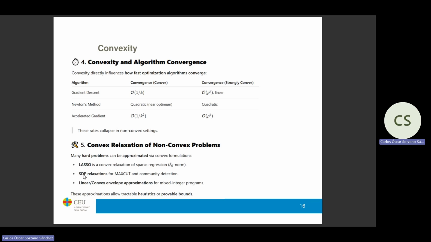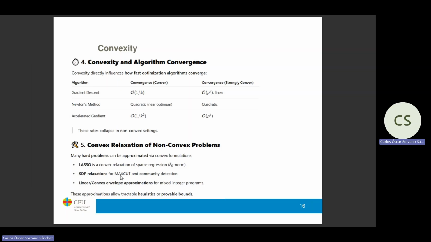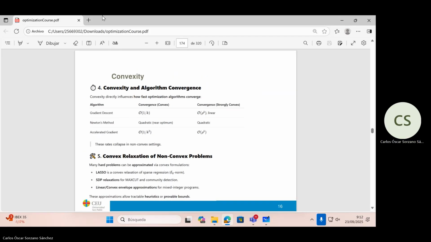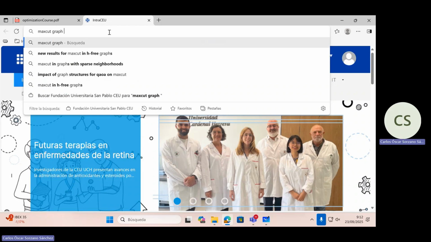This is semi-definite programming relaxations for MaxCut. MaxCut is a problem of, let me see if I can find a nice picture of it. So look for MaxCut graph problem.